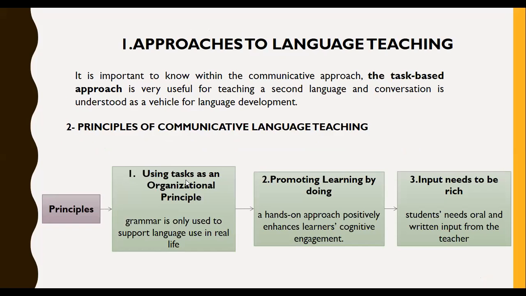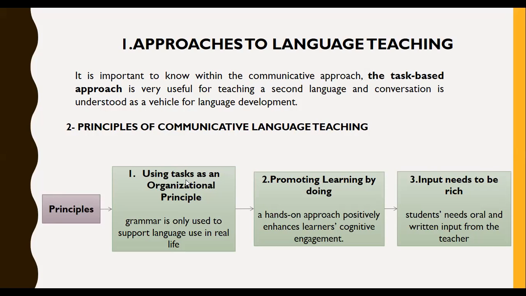Approaches to language teaching. It is important to know that within the communicative approach, the task-based approach is very useful for teaching a second language, and conversation is understood as a vehicle for language development. There are 8 principles of communicative language teaching, which are the main characteristics of task-based language teaching.